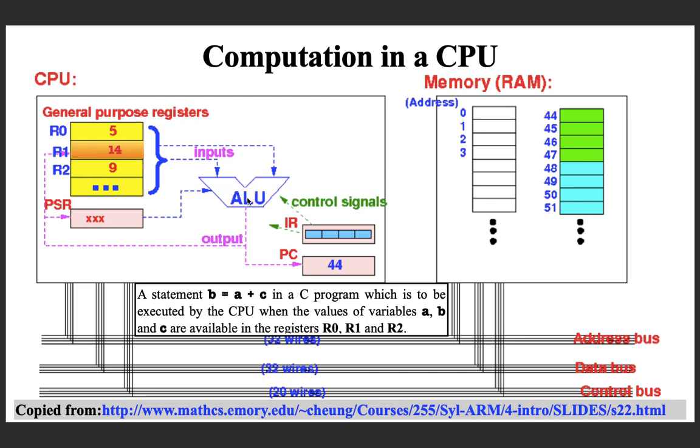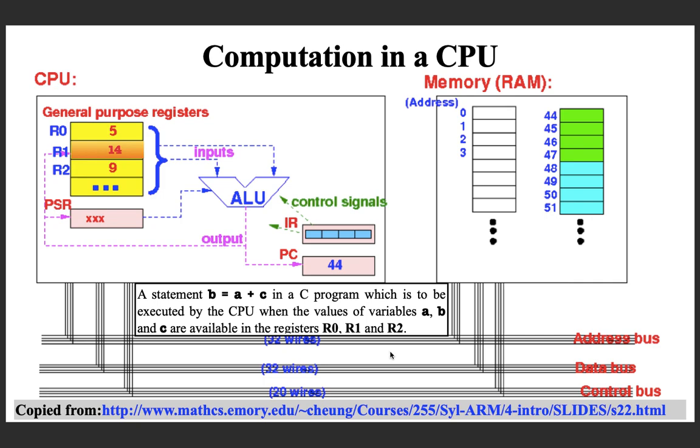So you will get 14, and then you copy the result and put it in the register R1. Okay, that's what the CPU can do, if R0, R1 and R2 respectively store the values of A, B and C.